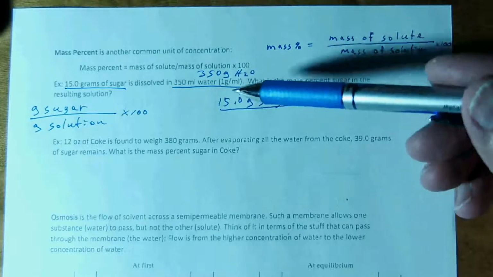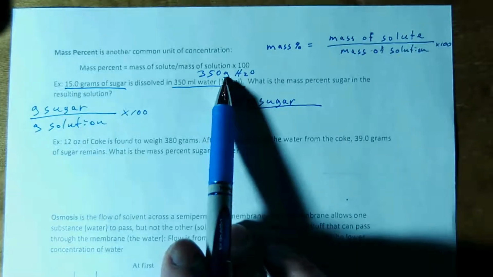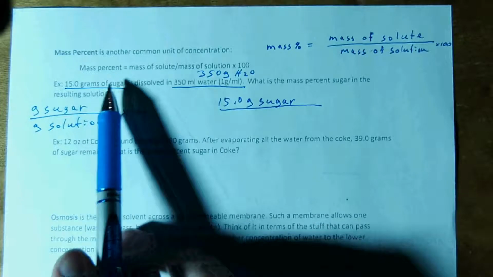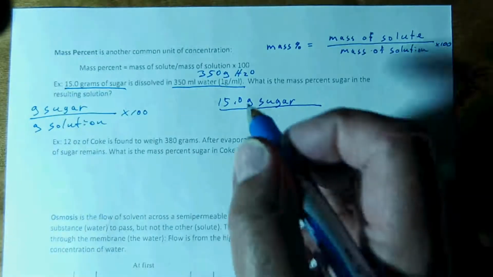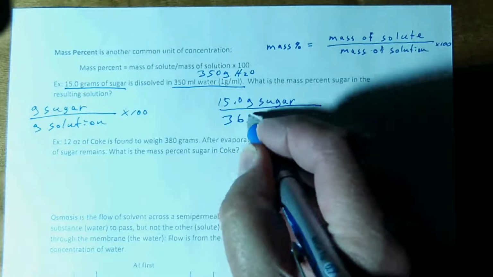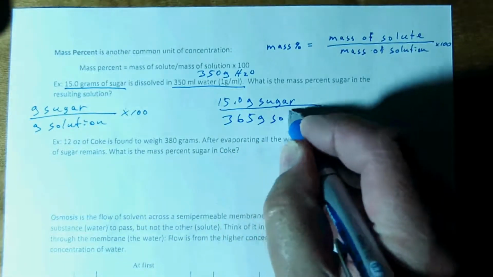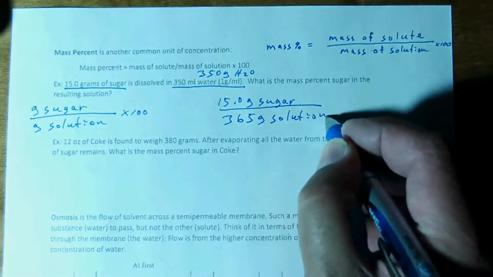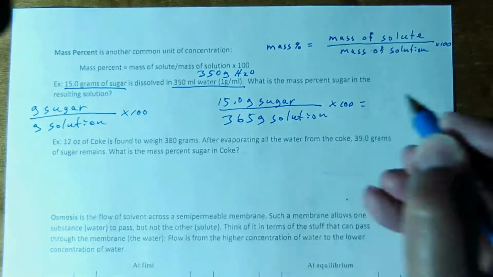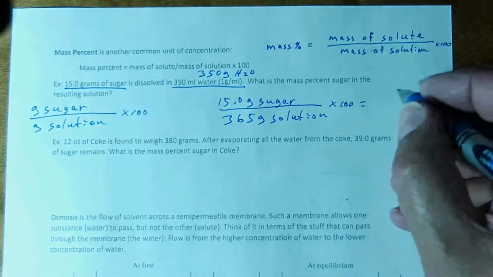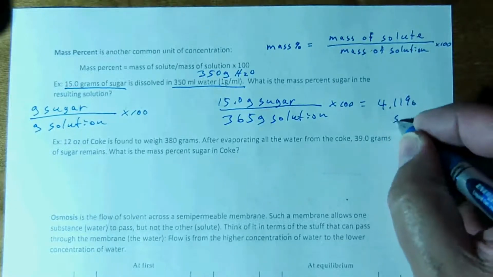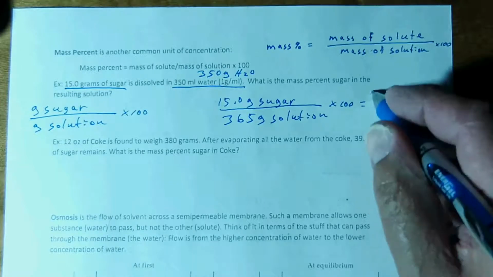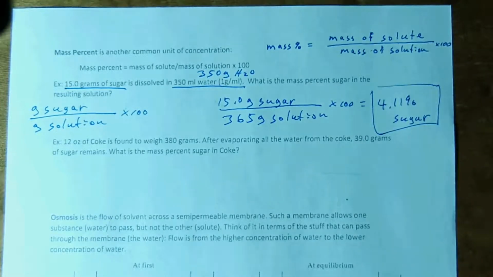The whole thing is the 350 grams of water plus the 15 grams of sugar, so that's going to be 365 grams of solution times 100, and you'd say that sugar solution is 4.11% sugar. So that's the mass percent of the sugar in the solution.